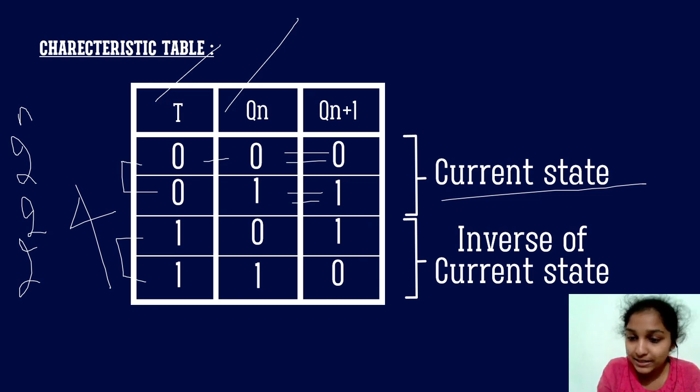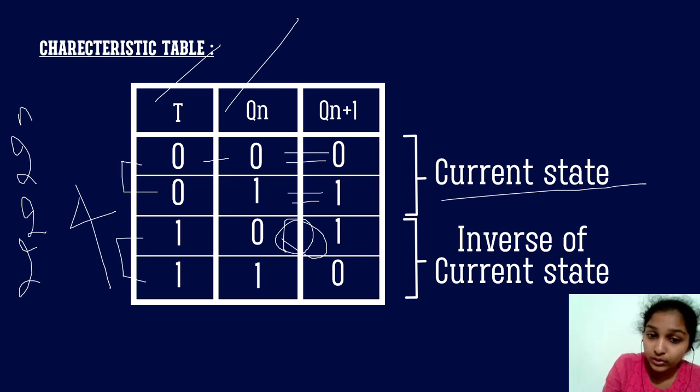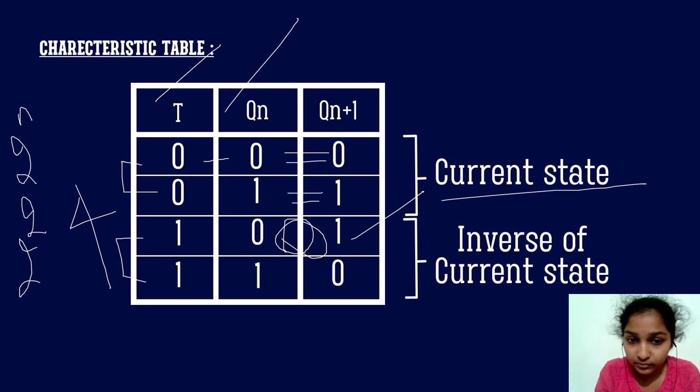Since we took 1 as an input and assume you have a current state output as 0, then the next state output is the complement of 0, that is 1. Similarly, if the current state output is 1, then we are getting the complement of it, that is 0.